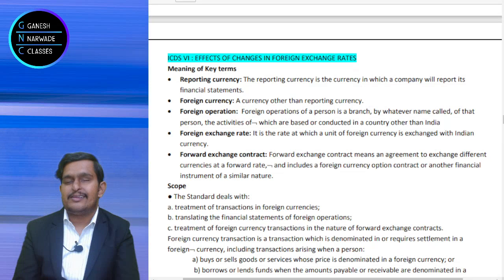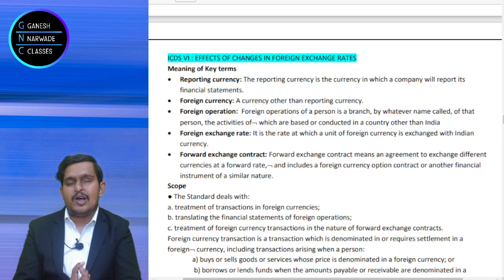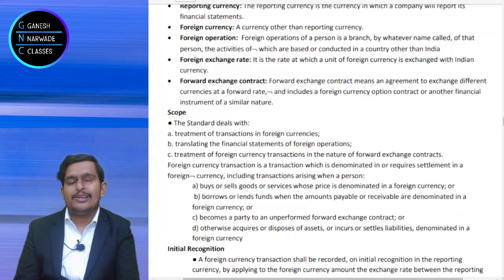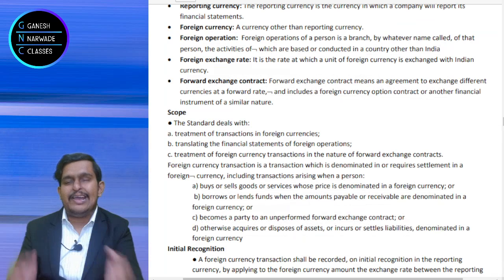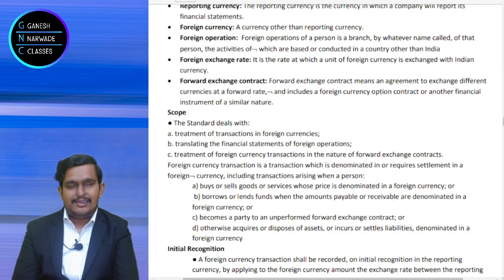Let's continue with this ICDS. Now what does this ICDS talk about? This ICDS talks about transactions in foreign currency. Suppose when I give an order on Amazon.com, I am not talking about Amazon.in. In Amazon.in, I will pay in Indian rupees. Correct? If it is Amazon.com, I have to pay in dollars. Correct. If I am giving orders on Alibaba, eBay, right?